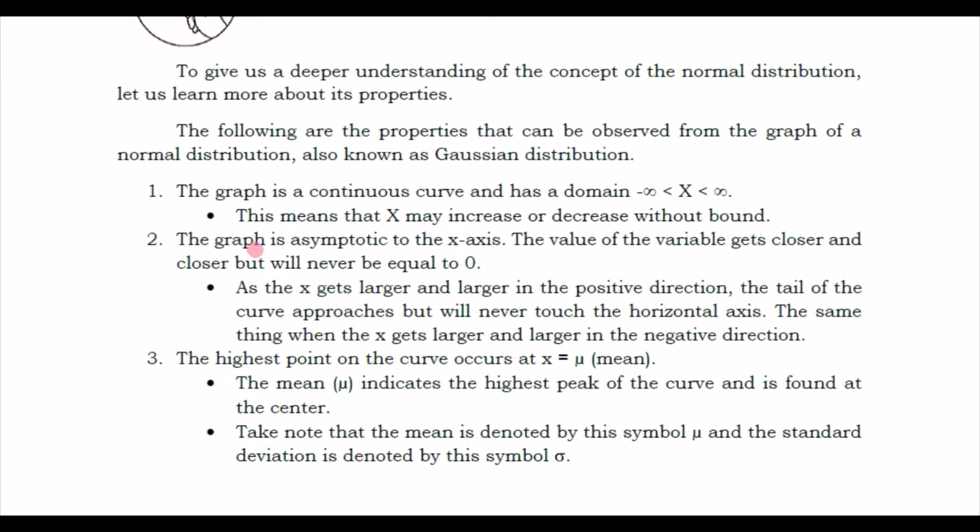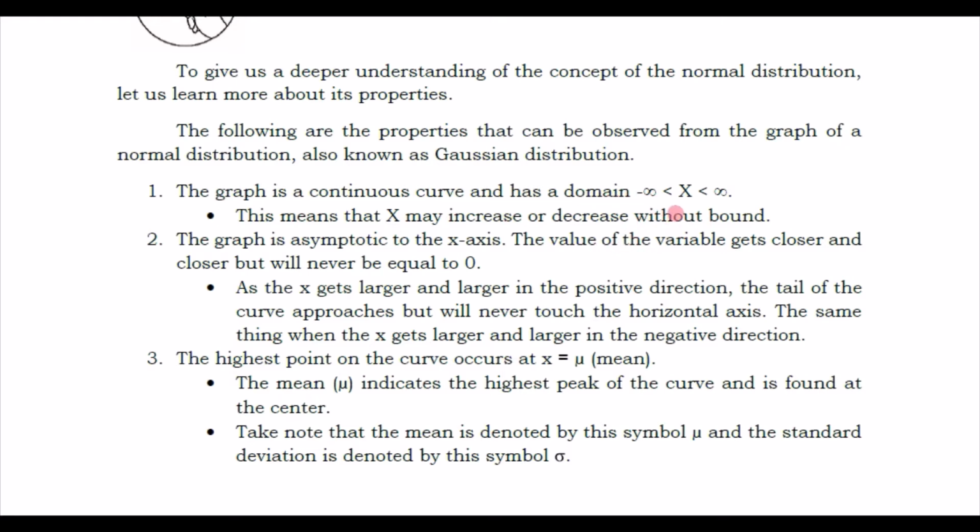The graph is asymptotic to the x-axis. The value of the variable gets closer and closer, but will never be equal to 0. So what does it mean? When we say asymptotic to the x-axis, it means the end of the curve.